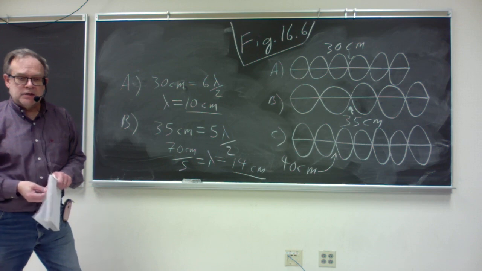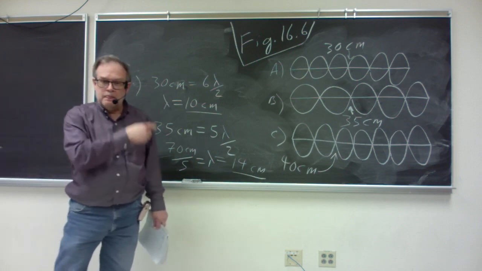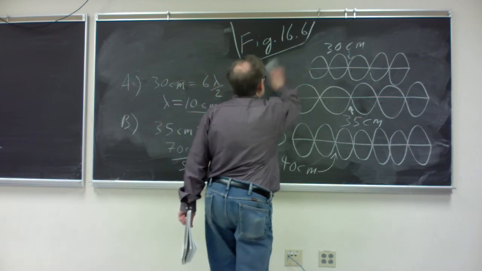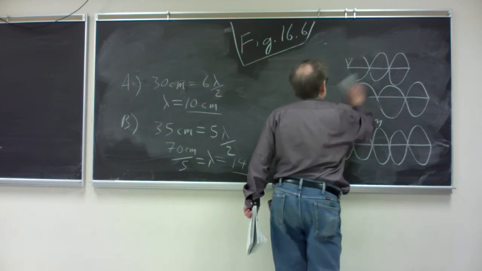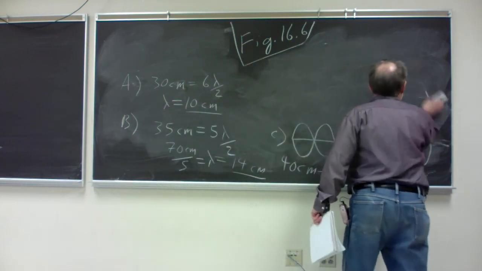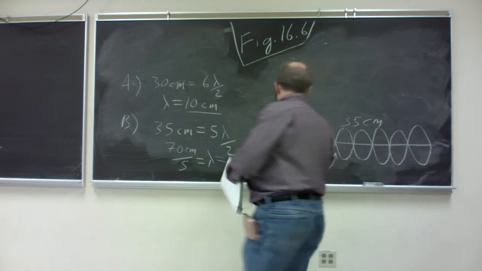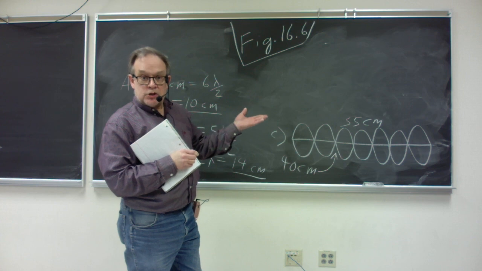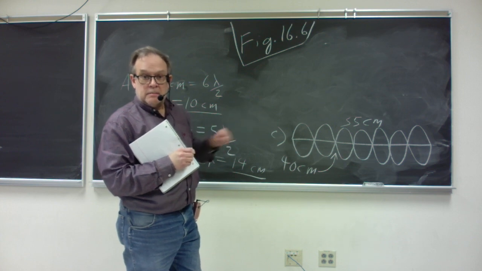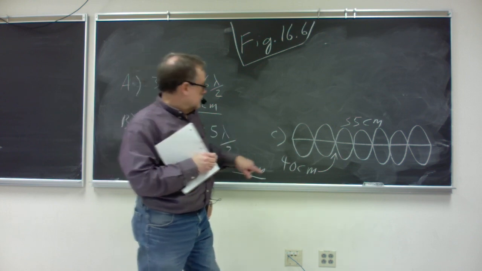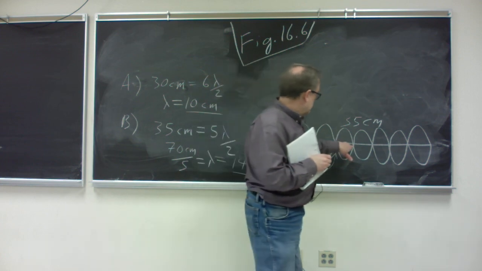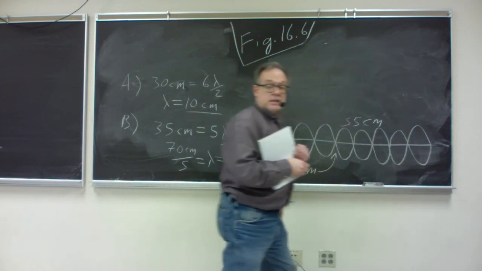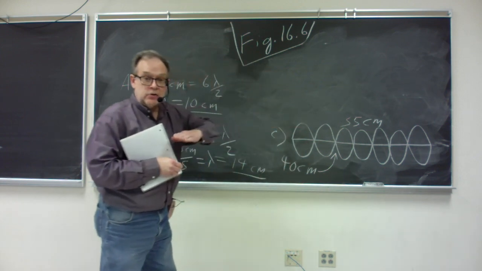And then what's the wavelength for standing wave C? Ask the same question: how many half wavelengths fit on that string? 1, 2, 3, 4, 5, 6, 7. 7 half wavelengths fit on the entire string length.